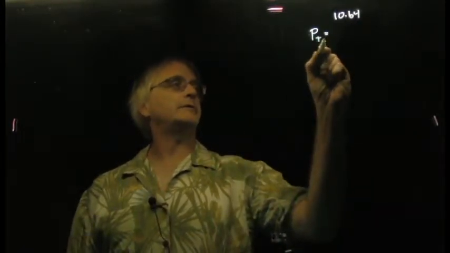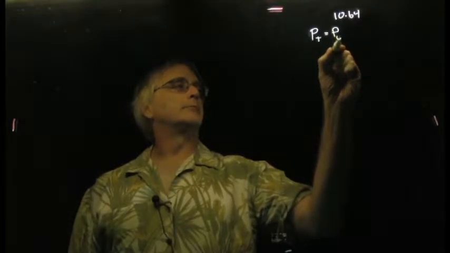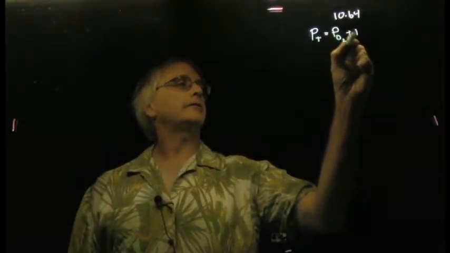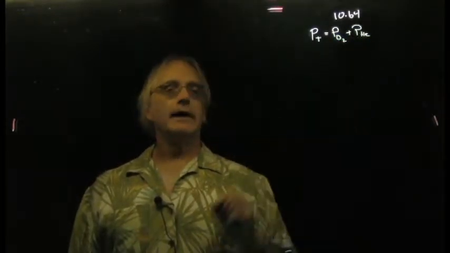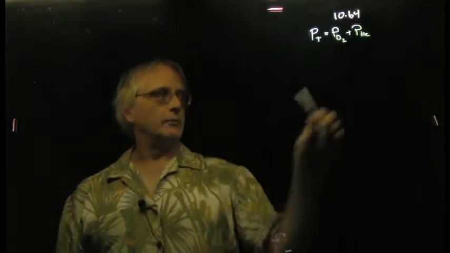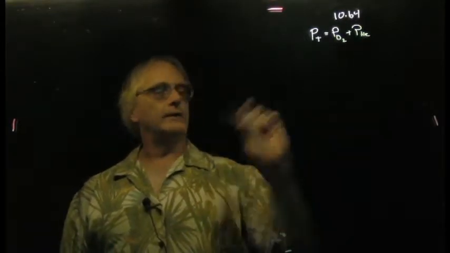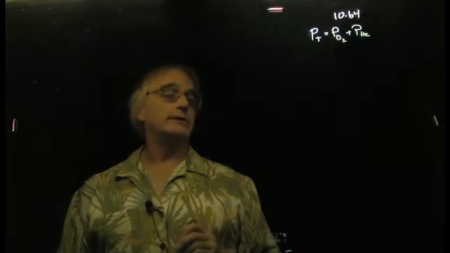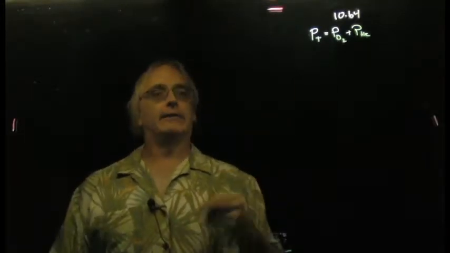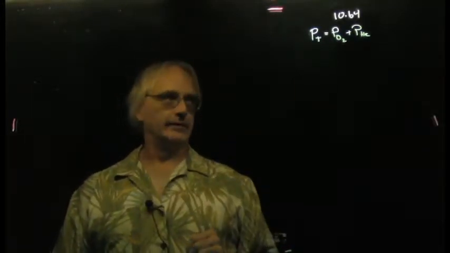For us, in this particular problem, it's the pressure of the oxygen plus the pressure of the helium. And in fact, our strategy is going to be, we're going to calculate this one, then we're going to calculate the partial pressure of helium, and simply add them together. That's what is going to get us our final result.